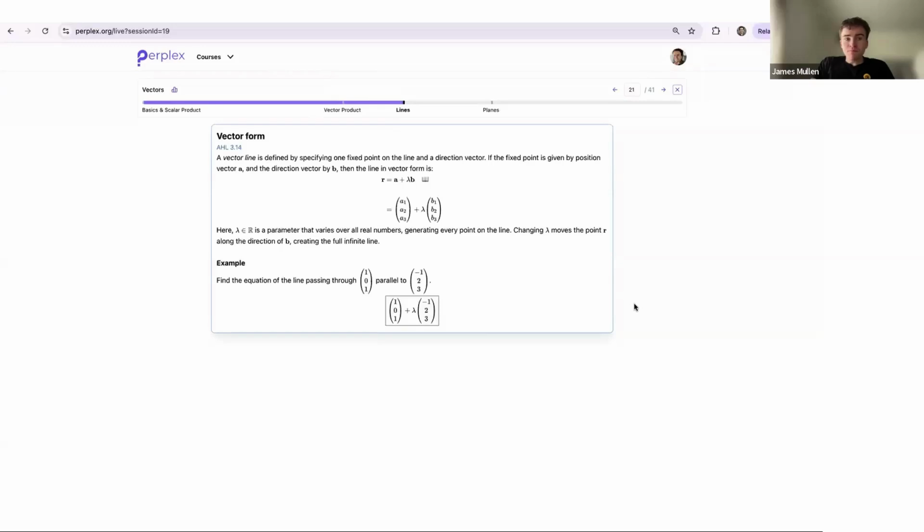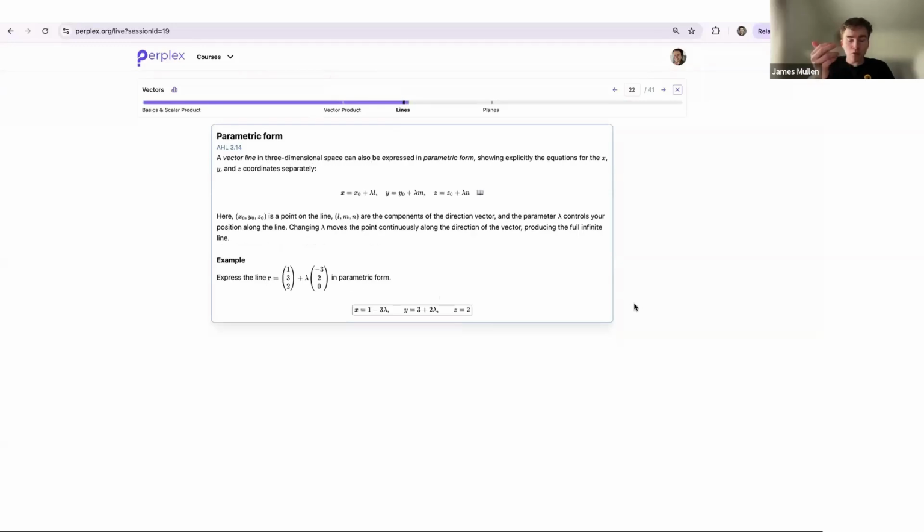So let's continue to the second form of the line, which is nothing more than taking the form that I had before and saying, well, let's say (x, y, z) is going to be equal to some point on the line plus lambda times, let's say, a direction (L, M, N), right? So this is the formula that's in your booklet.